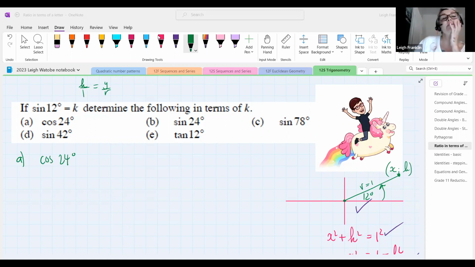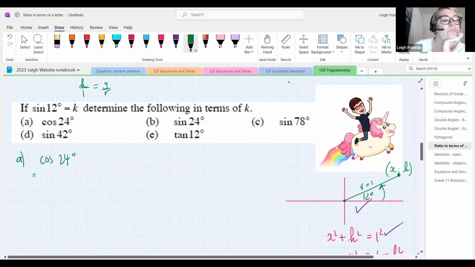Katleho, do you want to ask something? Ma'am, I actually want to respond to question A, and I think I got it wrong. So, ma'am, I want you to correct me. My answer is 1 minus 2 sine squared 24.